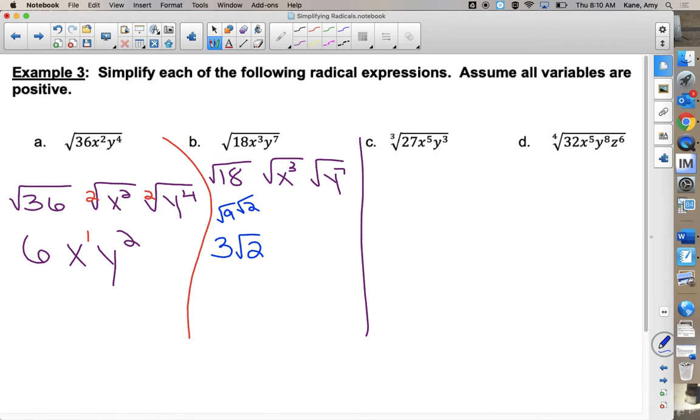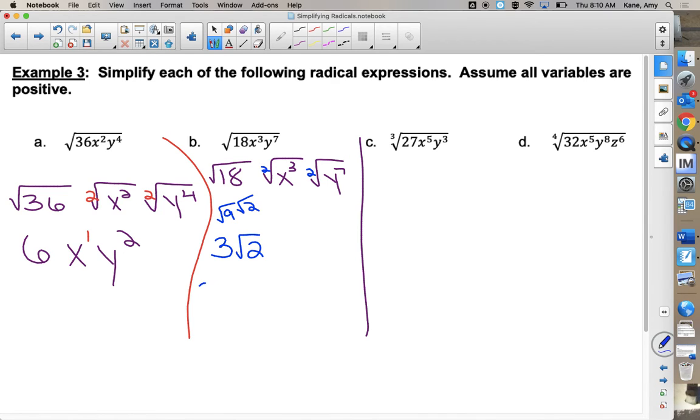So if there's really a little 2 sitting here, and you're dividing, you can't really divide 3 by 2 evenly. So how does that work? So we have the square root of x cubed. Nick? Pull out x and the square root of x.